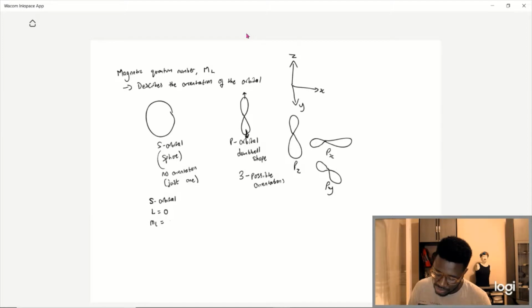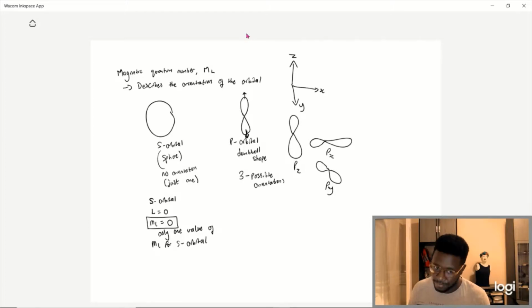This one orientation is called 0. So you have only one value of ml for the s orbital. 0 is a value, don't forget, 0 is a value. 0 does not really mean nothing.